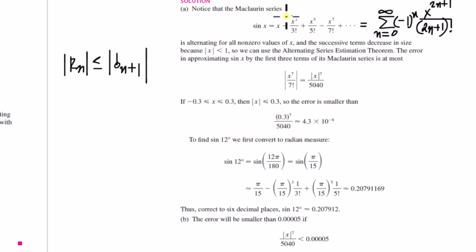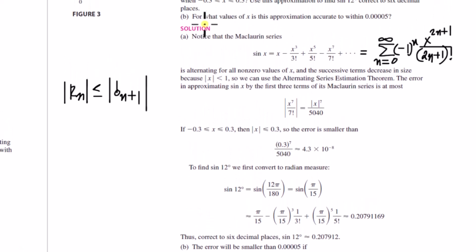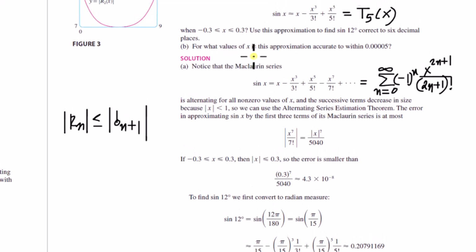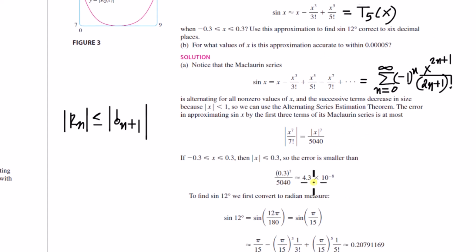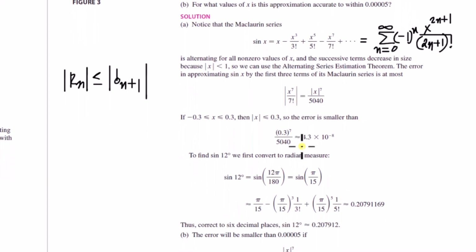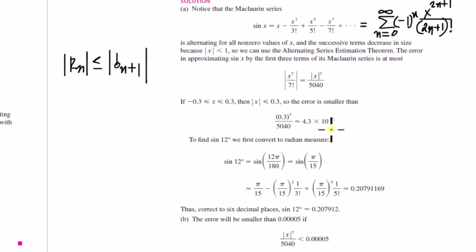All right, so now part B, it says, for what values of x is this approximation accurate to within 0.00005? So this approximation, the Taylor polynomial. Well, if we come here, this maximum error here, 0.00005 is greater than this.